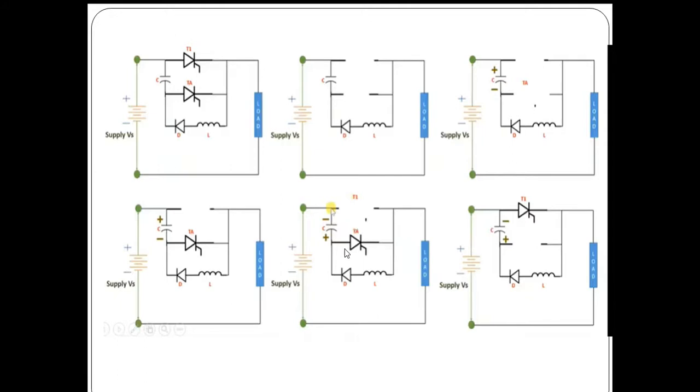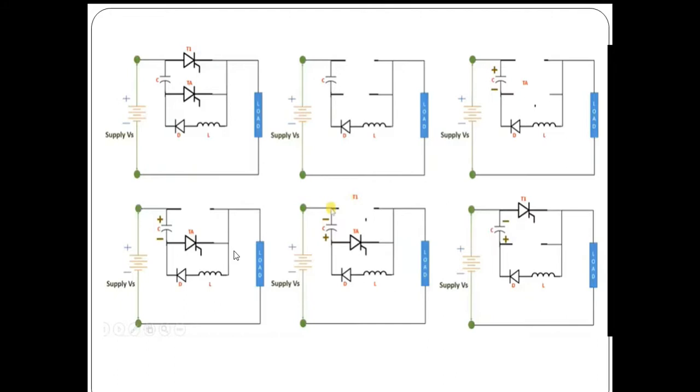We have already discussed this: capacitor current will not flow through load because it always searches the closed low resistance path. So this voltage will appear across main thyristor T1 and it will turn off. Like this, the class D commutation circuit operates.